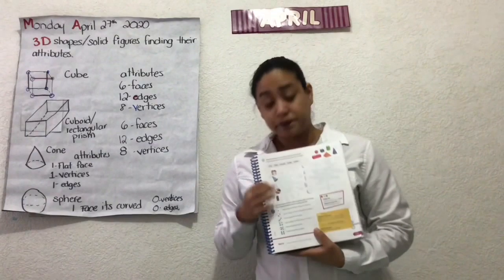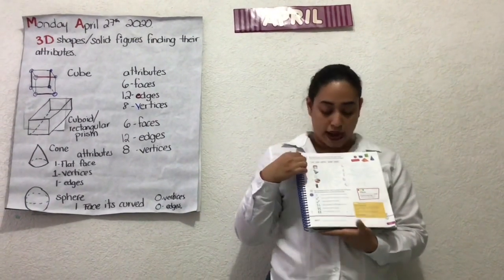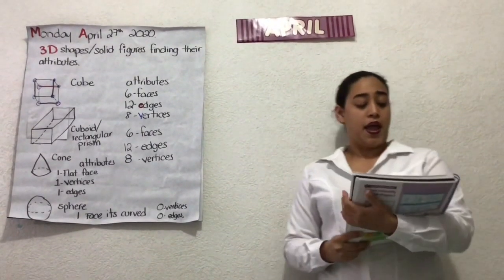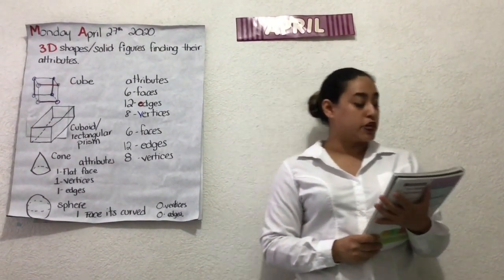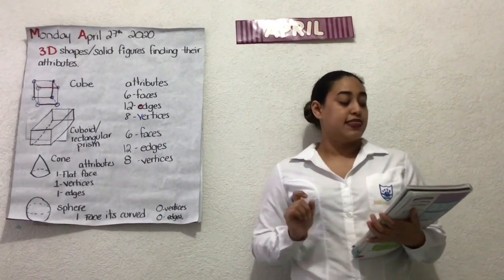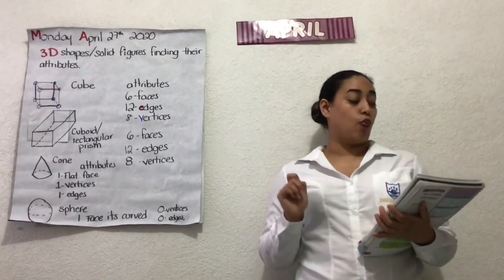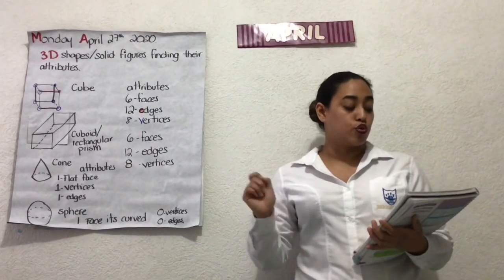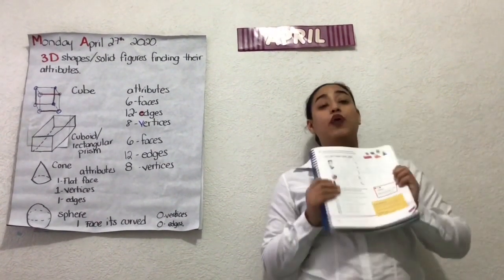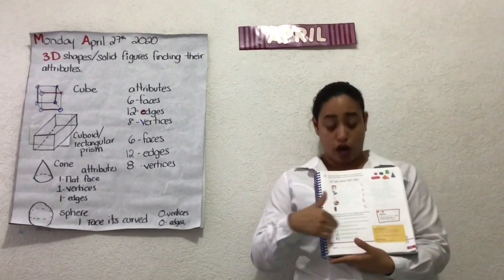All right, guys, so in activity 1, page 119, it says, match each object to its shape. Then use the words in the word bank box to write the name of each shape. All right, so you have a couple of things here, objects.